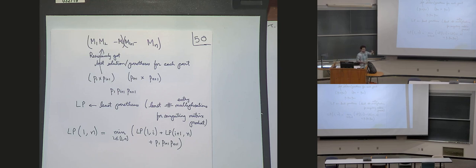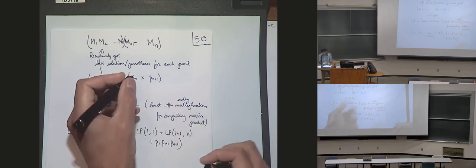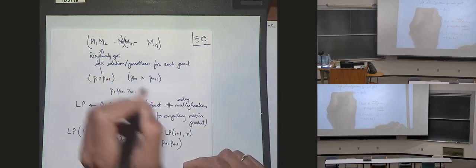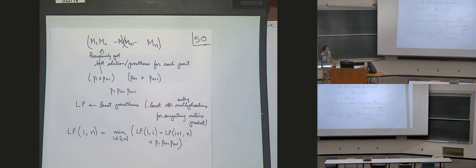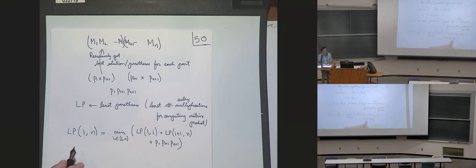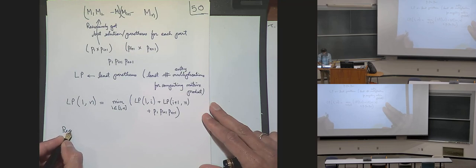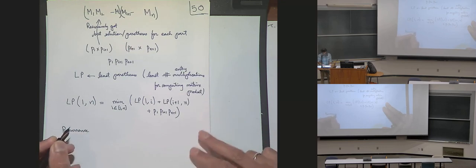Can you put a dot over the i? Yeah, sorry. Does this make sense? This is the least parentheses. You choose a split. Of course, I'm going to write the recurrence a little bit more properly. This is just looking at the top level case. But really the right recurrence is the following.